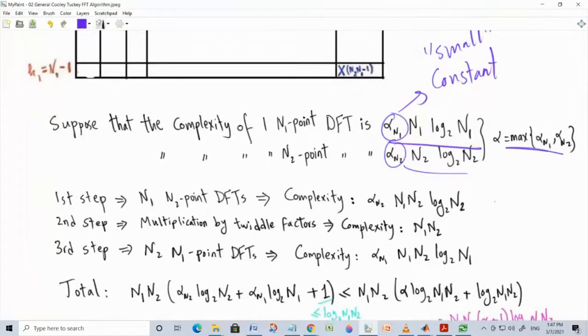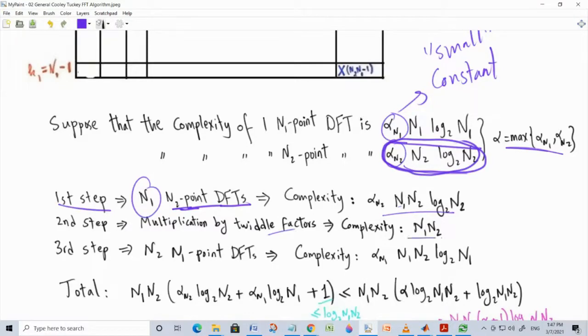So you simply keep track of all the operations that you carry out. First step, you do N1 N2-point DFTs because you take the N2-point DFT of each row. So the complexity will be this quantity here, which is the complexity of one N2-point DFT multiplied by N1, because you have N1 rows.